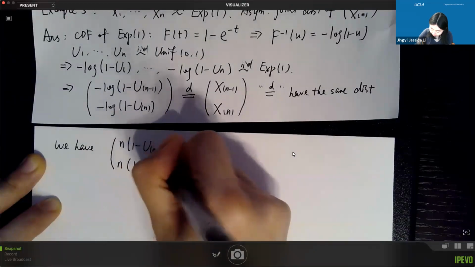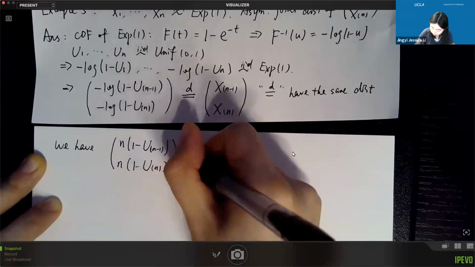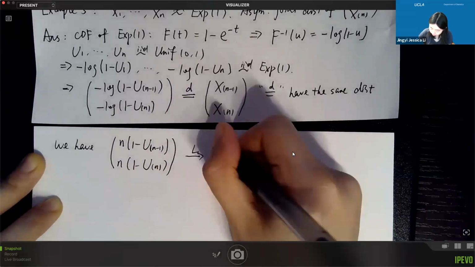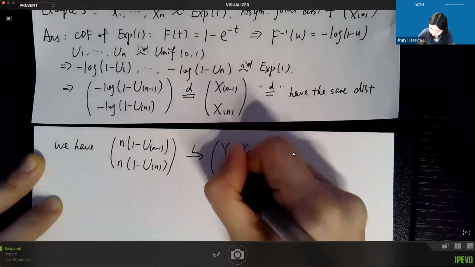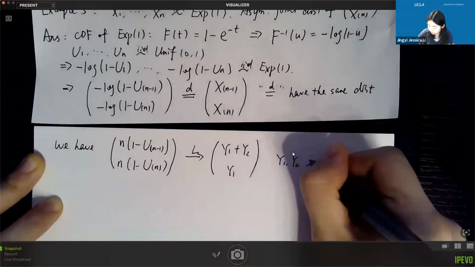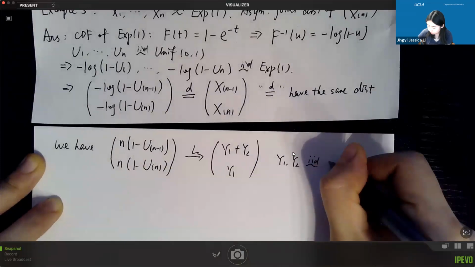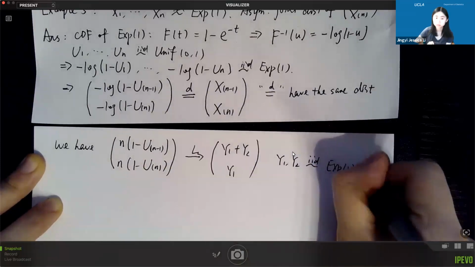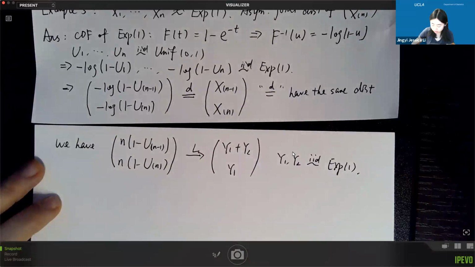This is from our last example, converging in law to (Y_1 plus Y_2, Y_1), where Y_1, Y_2 are i.i.d. exponential 1. That's what we had.